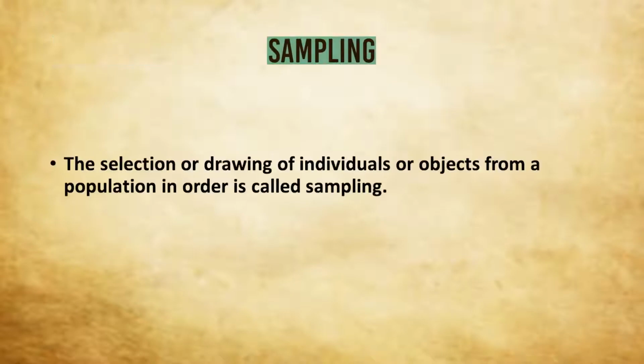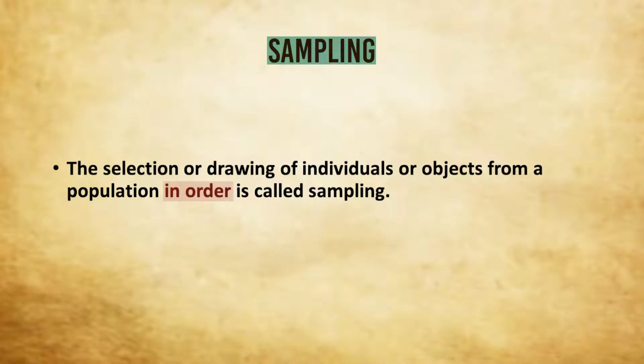So when we have to take a part of the population, as I mentioned, we have to think how the part or the sample will represent the whole population. That will depend on how we draw the sample. This act of drawing the sample is called sampling. The selection or drawing of individuals or objects from a population in order is called sampling.